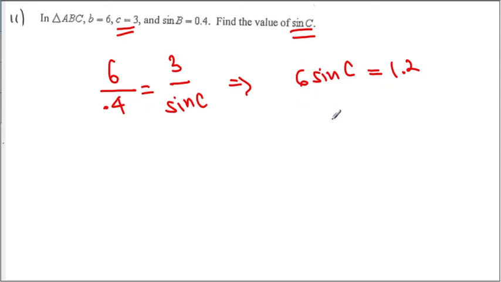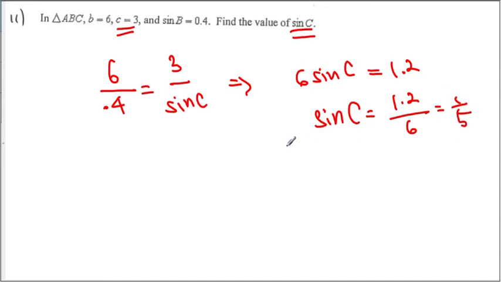When we divide by 6, sine of C becomes 1.2 over 6, which is equal to 1/5.